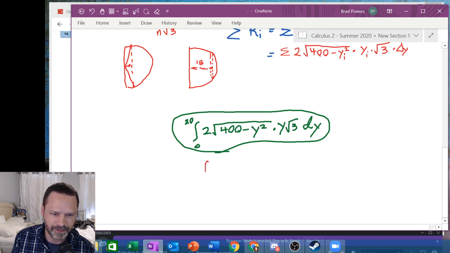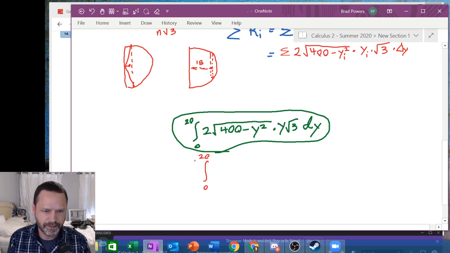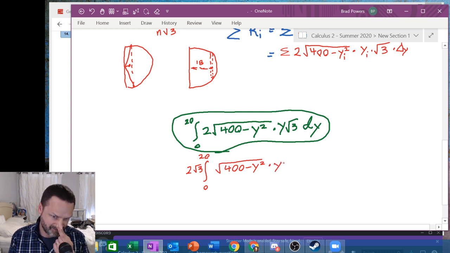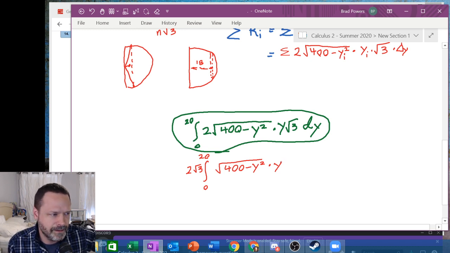And so let's just do it. So the integral from 0 to 20. Let's see, the 2 I can pop out, and the root 3. So 2 root 3. And then I got root 400 minus y squared times y, and then dy.